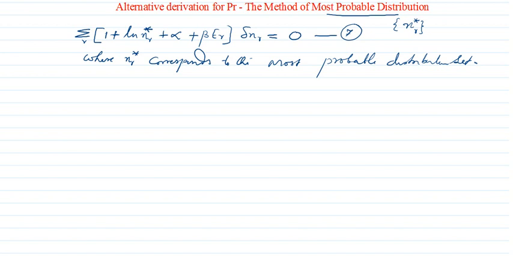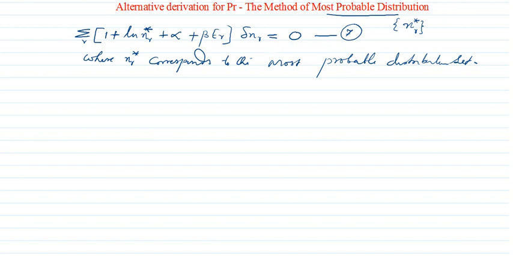Now you know that it is the sum over r, some quantity into delta n_r, is equal to 0. In what all ways can it be equal to 0? We can say that it can be equal to 0 when delta n_r equal to 0. Of course, that's a very trivial solution. Or it can be equal to 0 when the coefficient here is equal to 0. And you can see that n_r is arbitrary.